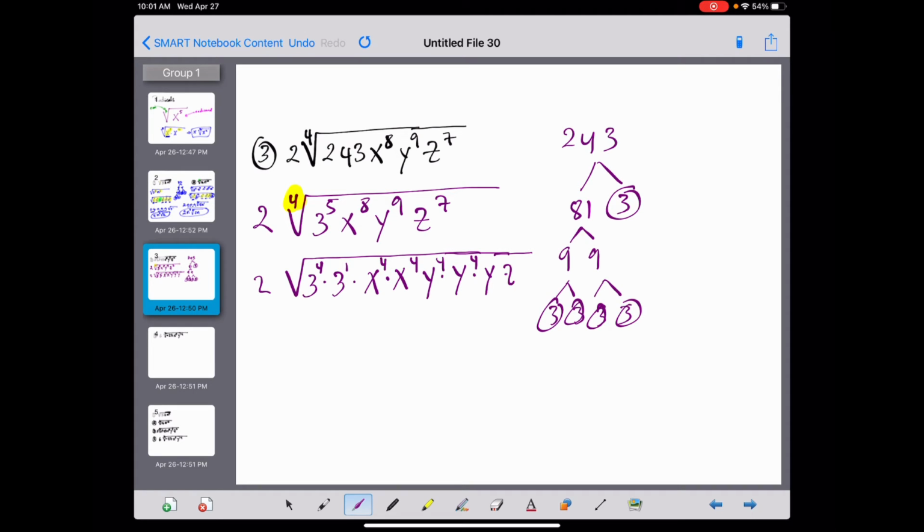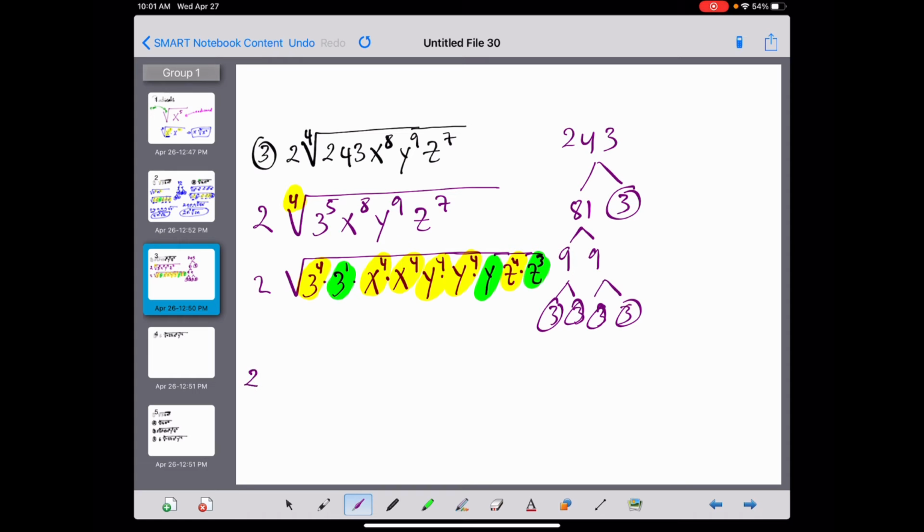And then we have z to the 4th and z to the 3rd. Okay, I'm going to highlight the ones that can get out. This one can get out, this one can get out, this one can get out, okay? And the ones that are not getting out, let's highlight in green, because they don't have enough power.